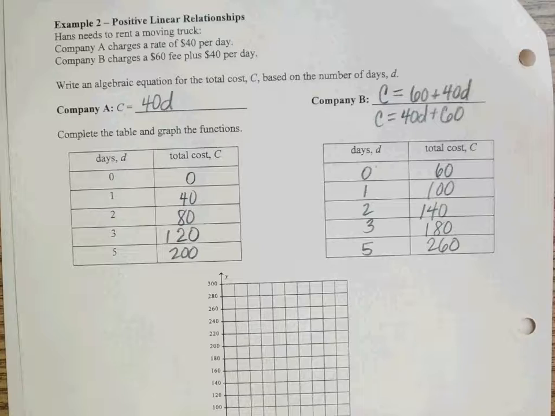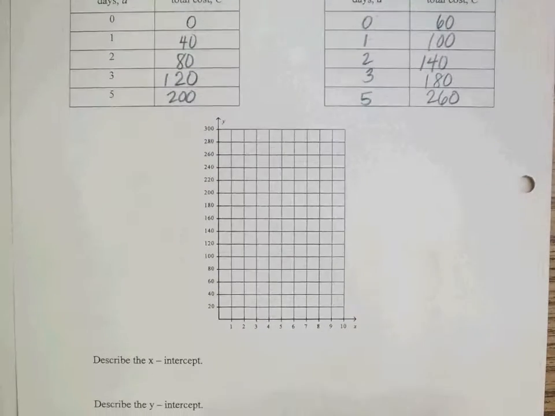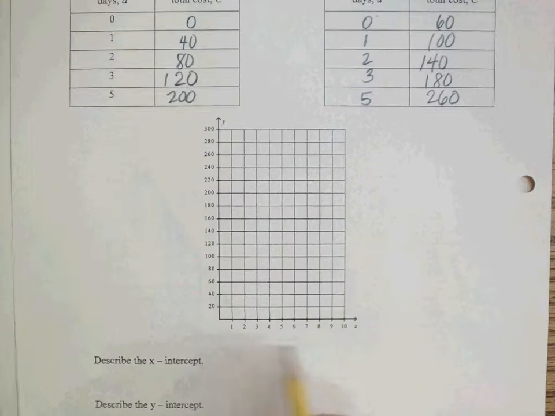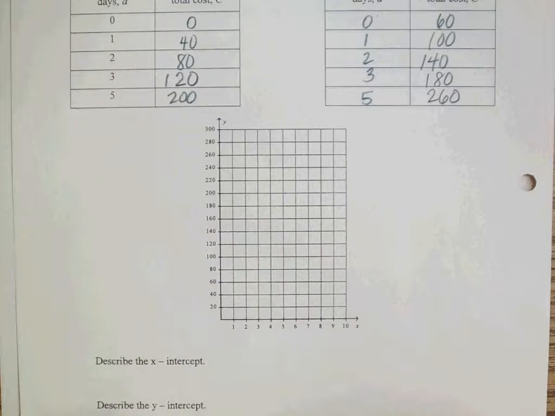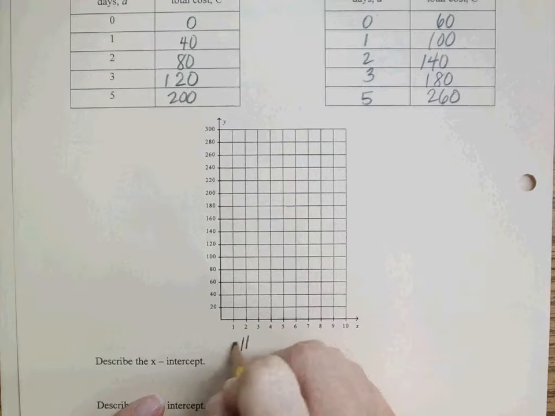Now the next thing we're going to do is put this on our coordinate plane. I did give you the values on this one, but what I'm going to ask that you do is label when it's missing. So we'll go ahead and label this one as the number of days.